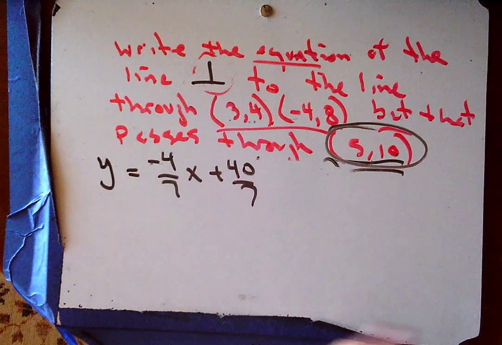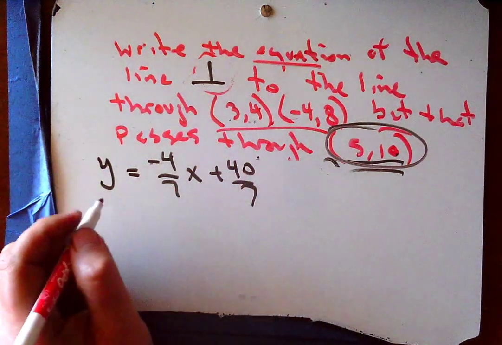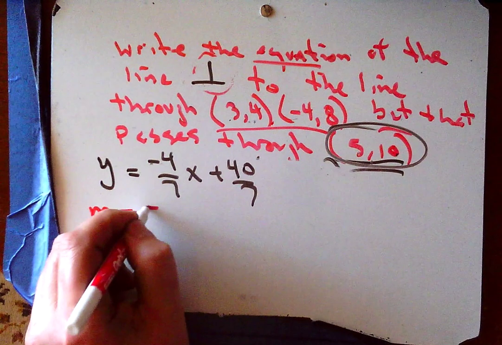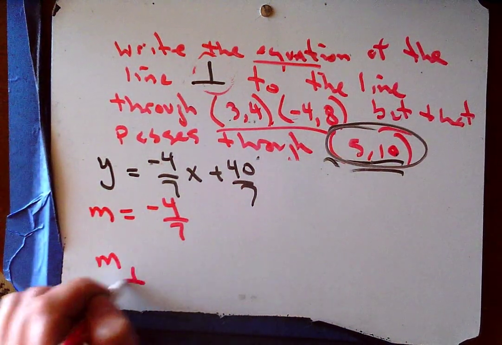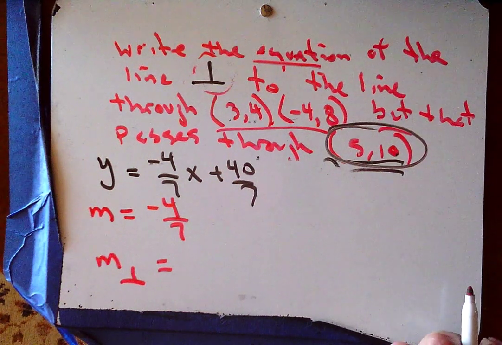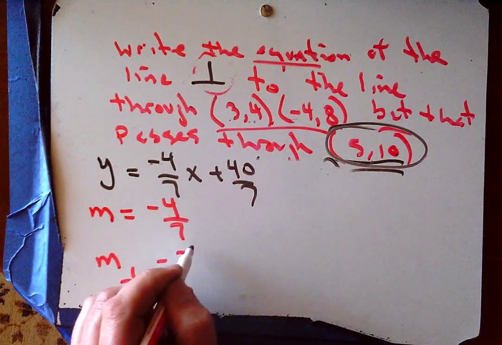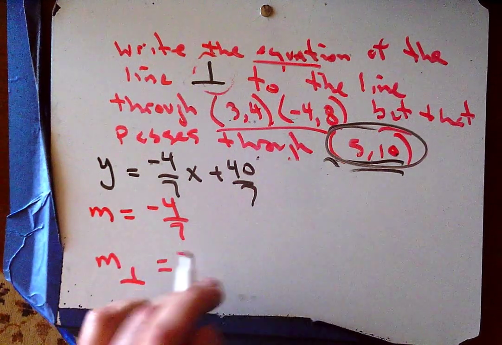So what do we know about the slopes of perpendicular lines? Well, I remember that the slopes of perpendicular lines are opposite reciprocals. So if our original line has a slope of negative 4/7, the perpendicular line would have a slope of what? That's right, negative, no, they're opposite reciprocals.